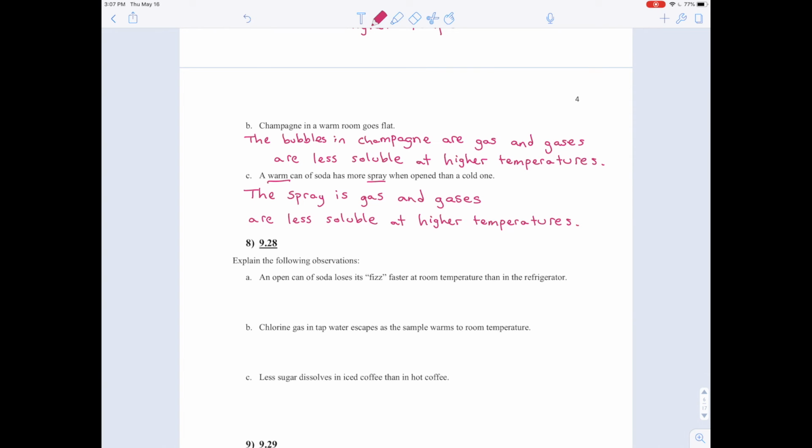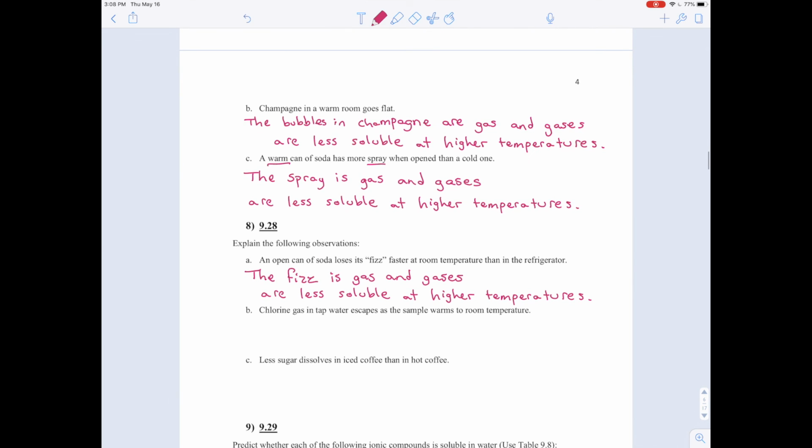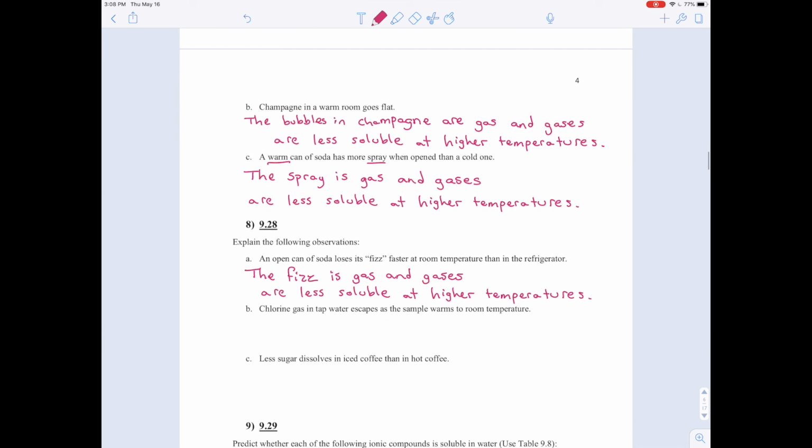Okay, how about 8A? An open can of soda loses its fizz faster at room temperature than in the refrigerator. So the fizz here is gas. And gases are less soluble at higher temperatures. That's why at higher temperatures, the gas would escape the soda, and so the soda would lose its fizz.